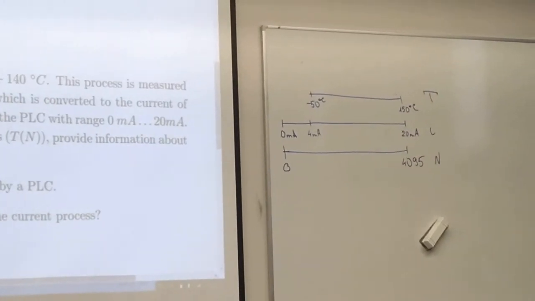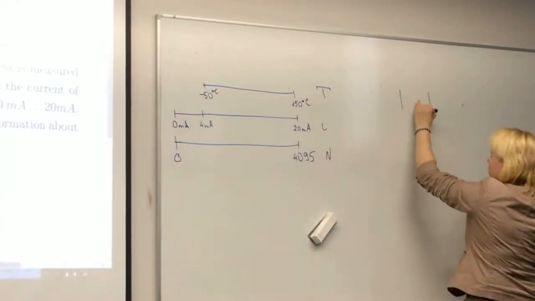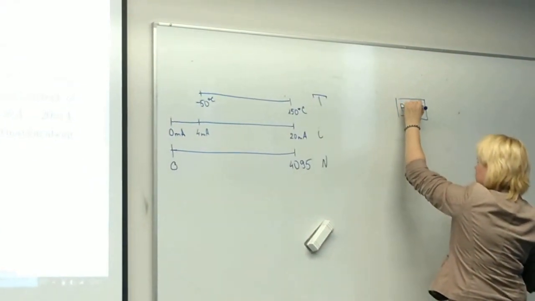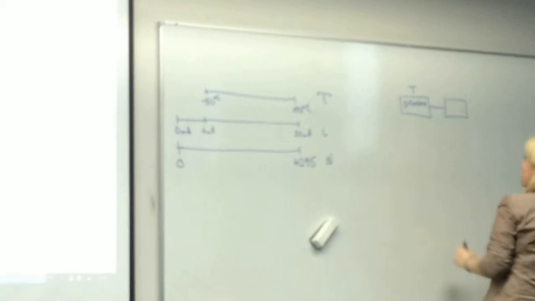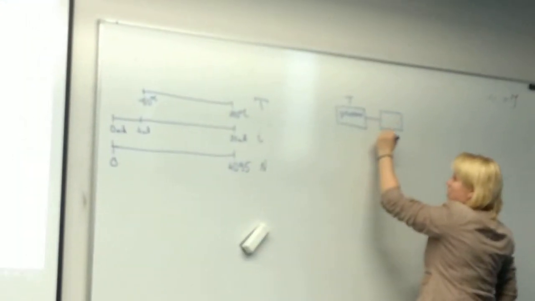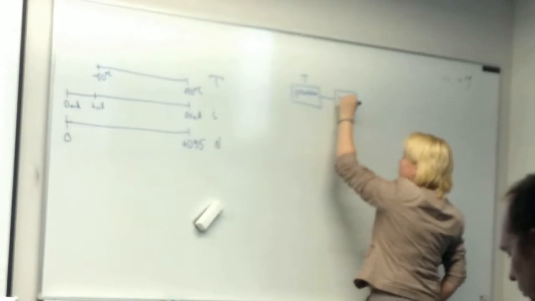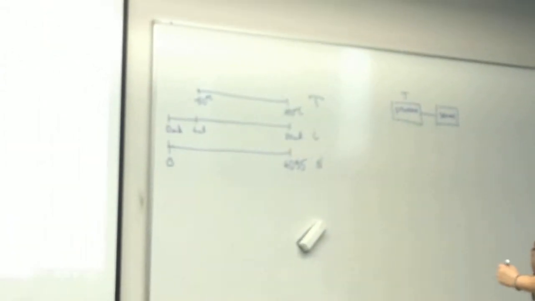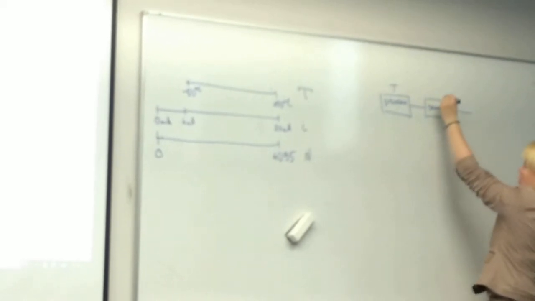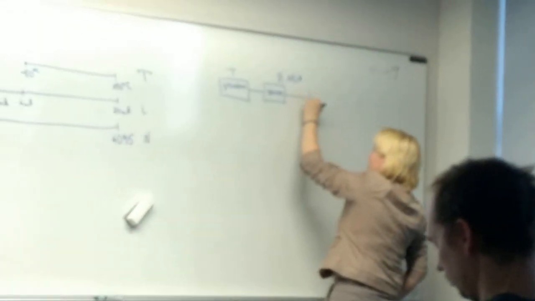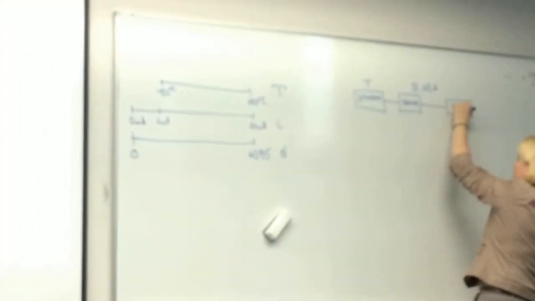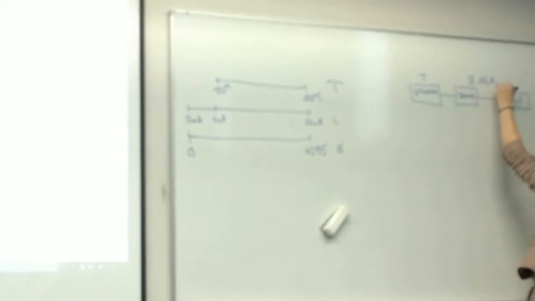So basically in our process, first of all, we have our process with some temperature, and after that we measure this process with our sensor. On the output of our sensor, we are using a signal from 4 to 20 milliamperes. Then we provide this signal to the PLC, and the input of the PLC is from 0 to 20 milliamperes.